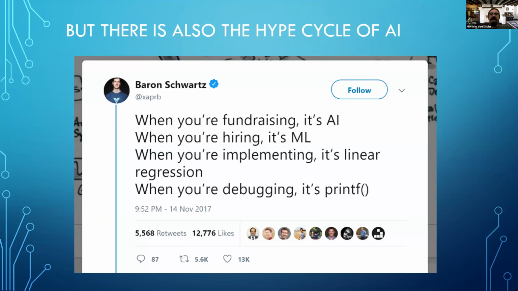However, there's also this hype cycle, certainly. We've heard that everybody's talking about machine learning, AI, etc. But very often when we get down to the basics and try to predict something, we are still using models that we all know and love.